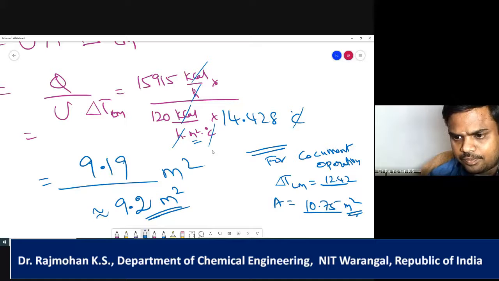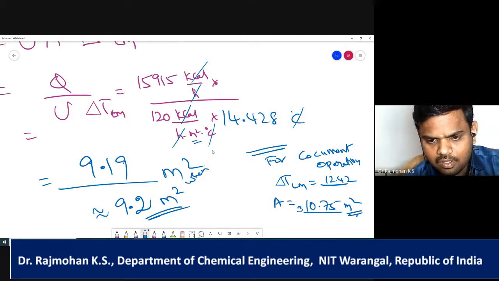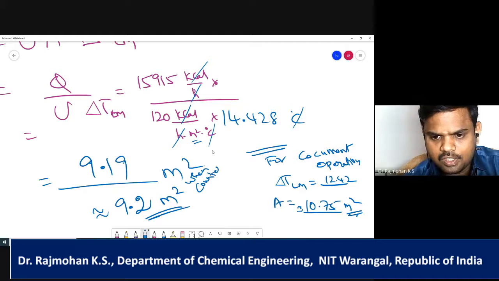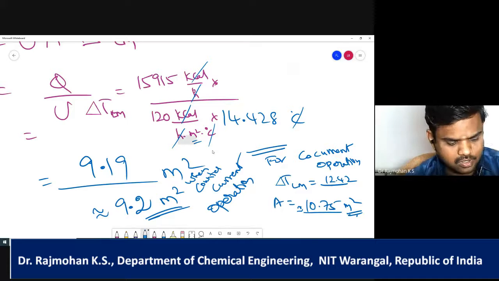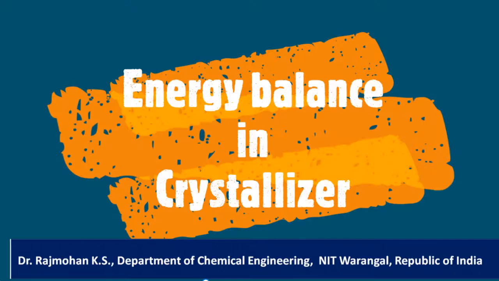Okay, you check it approximately. So what we got is 9.2 meter square when counter current operation is considered. Okay, so that is what was asked in this problem, right? So there we complete our energy balance numericals on crystallization.